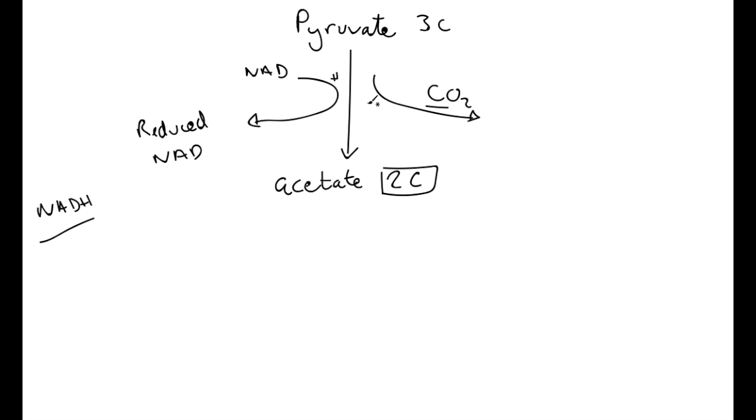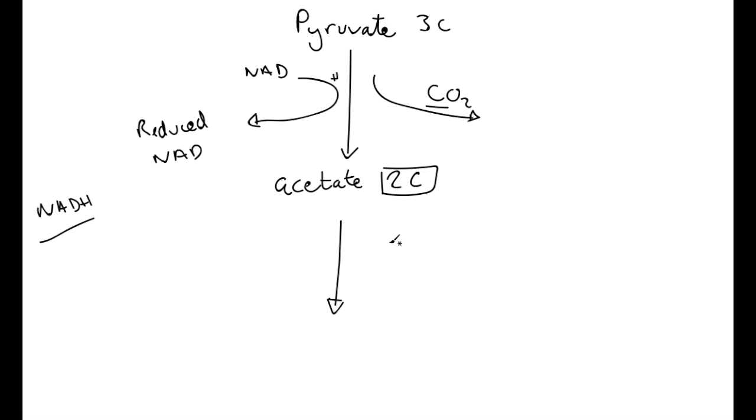Quite easy. The pyruvate is oxidized, which produces reduced NAD, and it loses the CO2. No worries. But we're not done yet, because the product of this needs to go to the next stage, but it's very unstable. So something else happens.